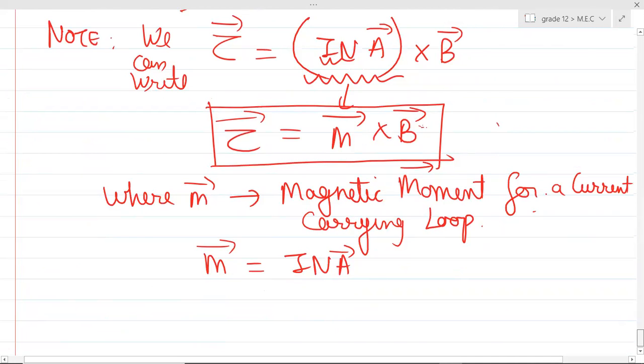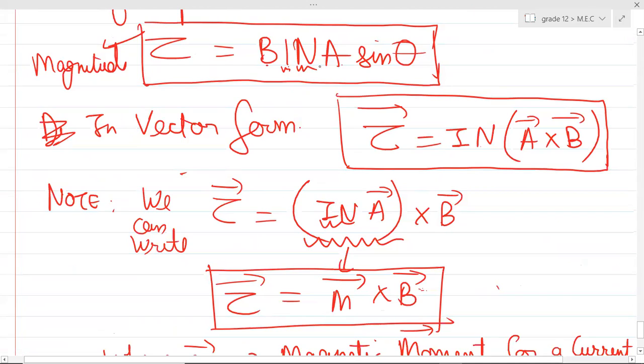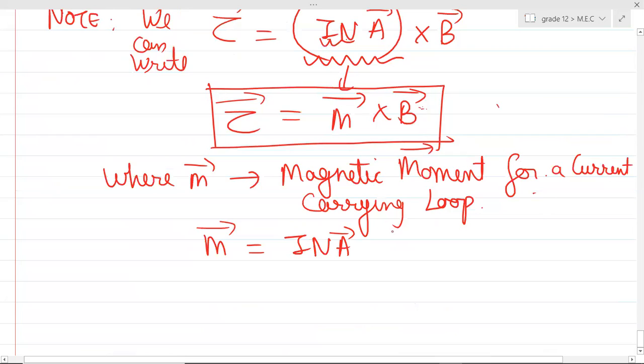Anyways, now when I write the term torque is equal to NIA sine theta, I can write it in the form of I into N into A cross B. Since I and N are scalar quantities, I can multiply them with a vector and make a new vector out of it. When I multiply I and N with a vector, I get the magnetic moment for a current carrying loop.